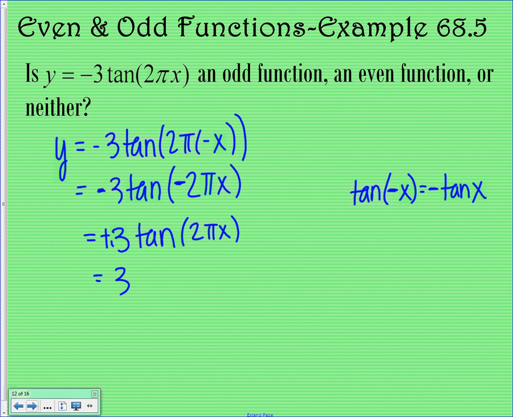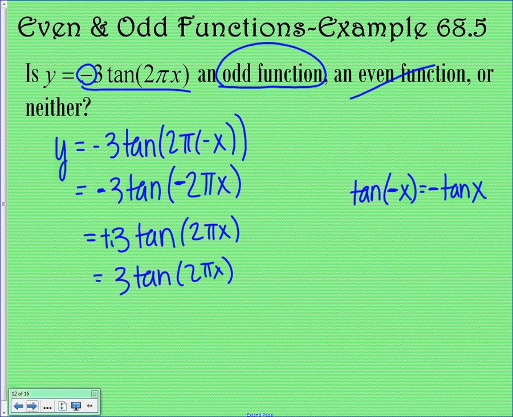And so we end up with 3 tangent of 2 pi x. So is that identical to what we have here? No. So that means it's not an even function. Is it an odd function? Well, it is an odd function because it's identical except for the little negative out front. And so an odd function is going to be your answer here.